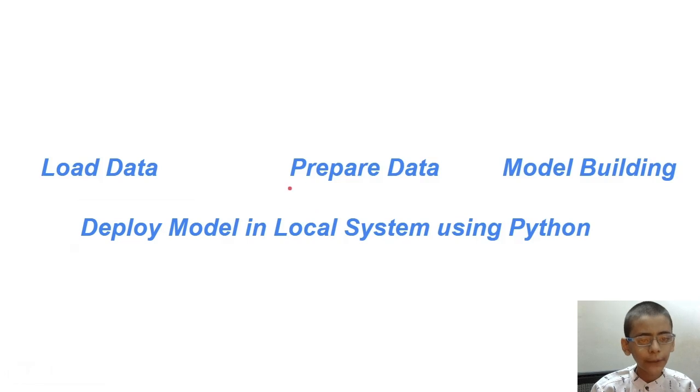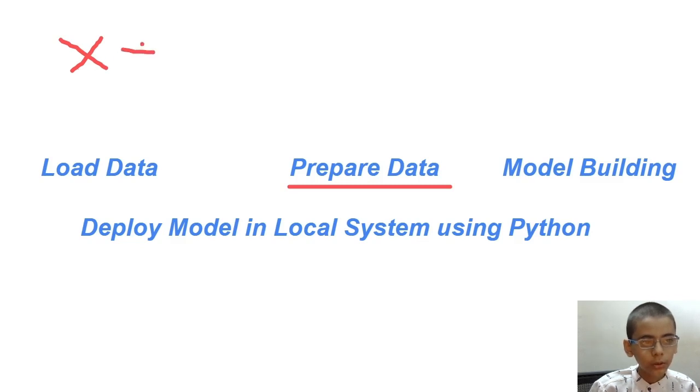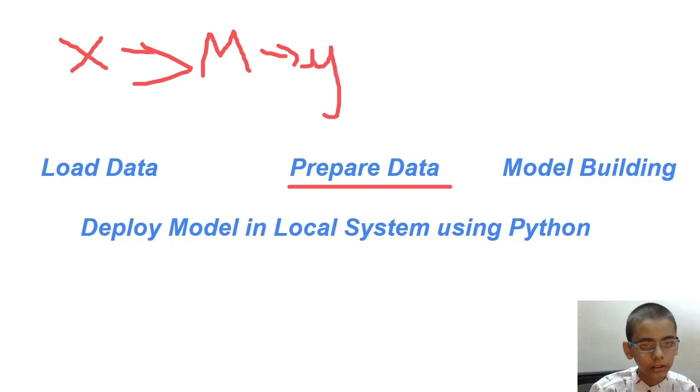Data pre-processing means, suppose we have data X and we pass it to our model, and it will give us a Y hat.